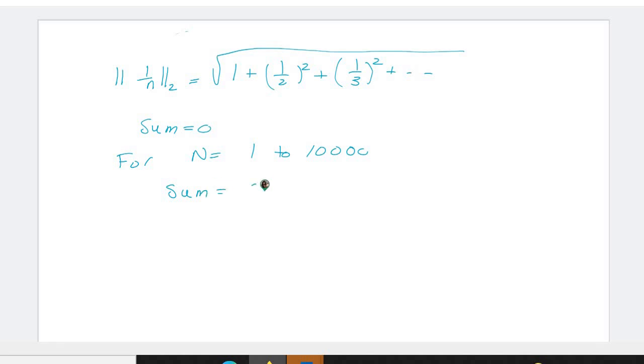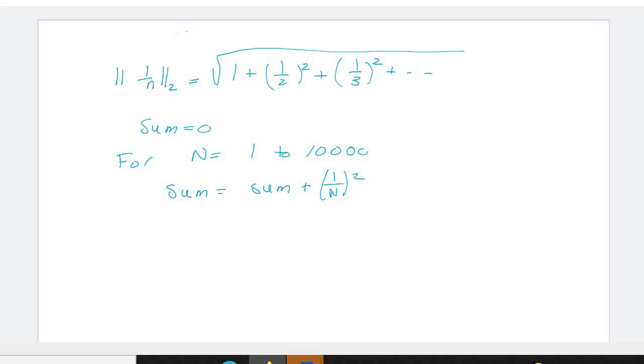I don't know if you're allowed to do a reassignment like that in Python. Yeah, I think you can. So it starts at 0, then it's 1, and then 1 plus 1/2. You just keep adding 1 over n squared, and then you take the square root at the very end of the sum.